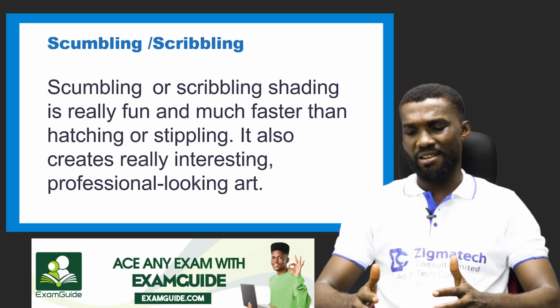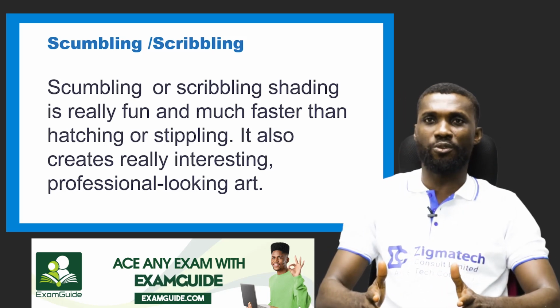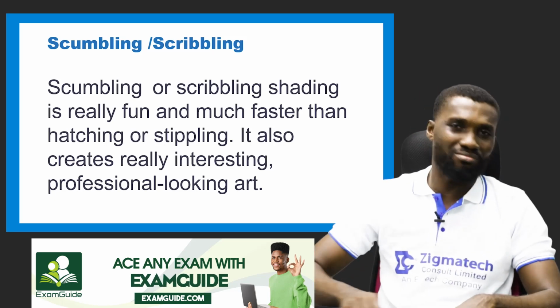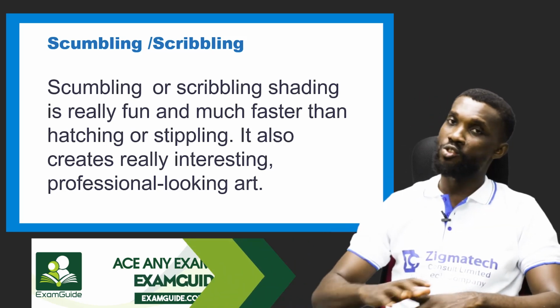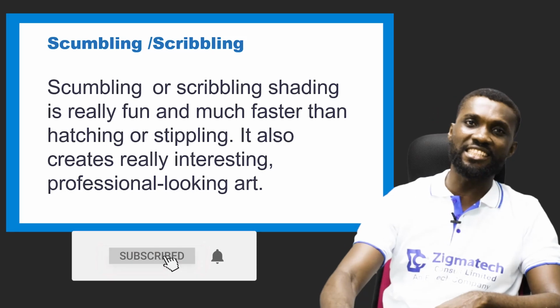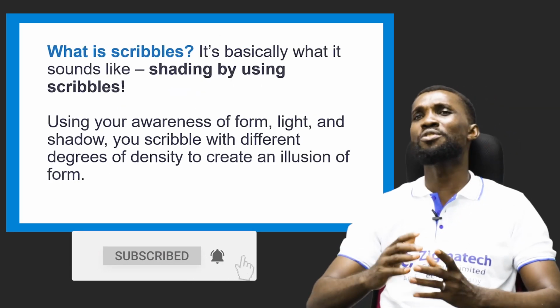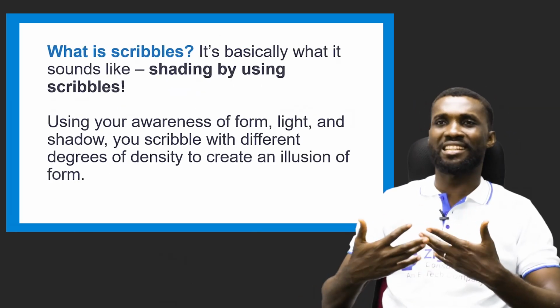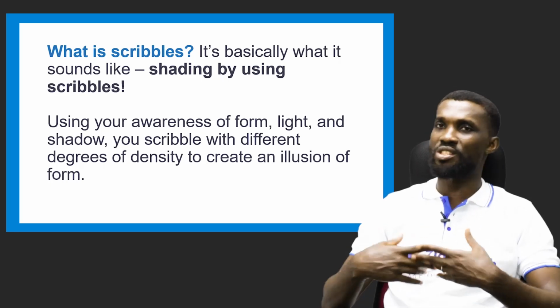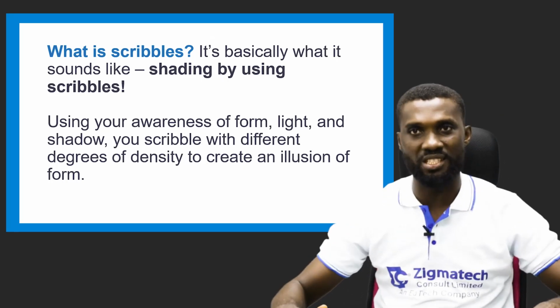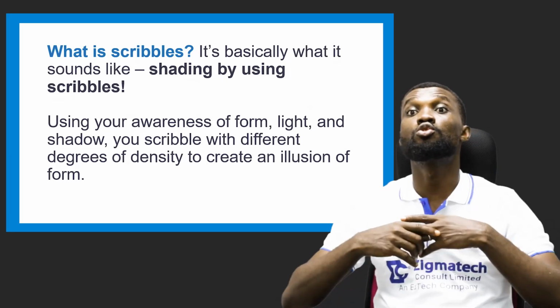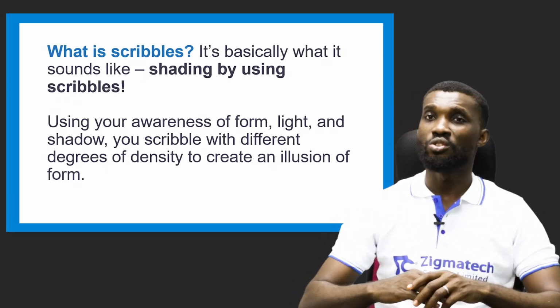Scribbling entails the making of a work of art with careless lines. In a subsequent class, I explained this in detail. When you hear the word scribble, as the name implies, it just means shading with scribbles. Using scribbles to shade. Nothing more, nothing less.